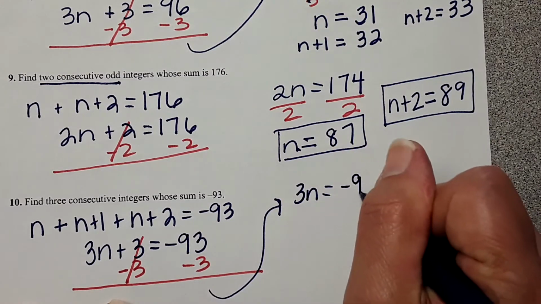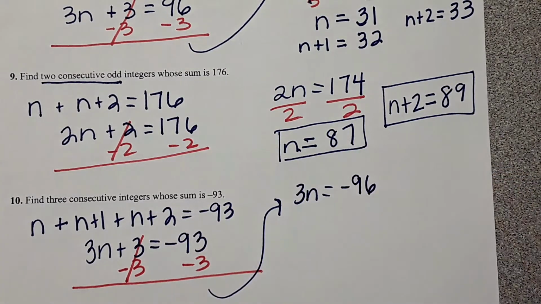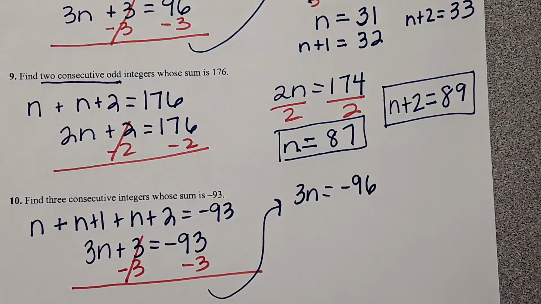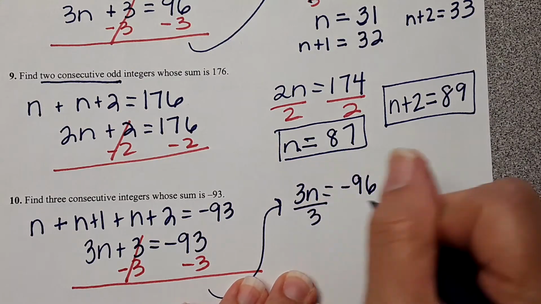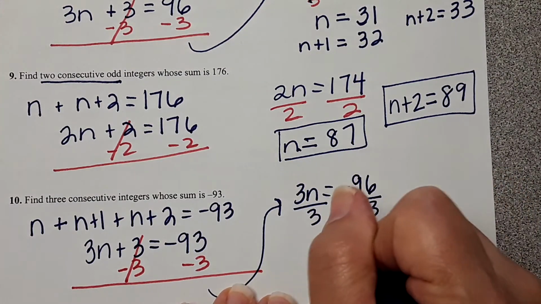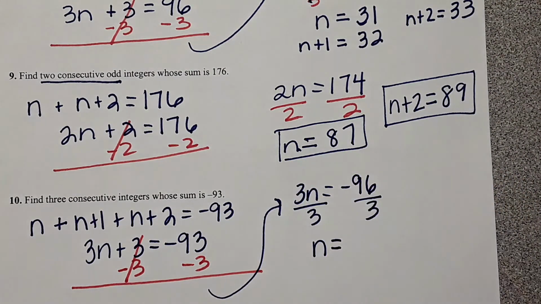You guys, the only difference between this example and number 8 is our answer is going to be negative. Divide by 3 and equals what? 32.